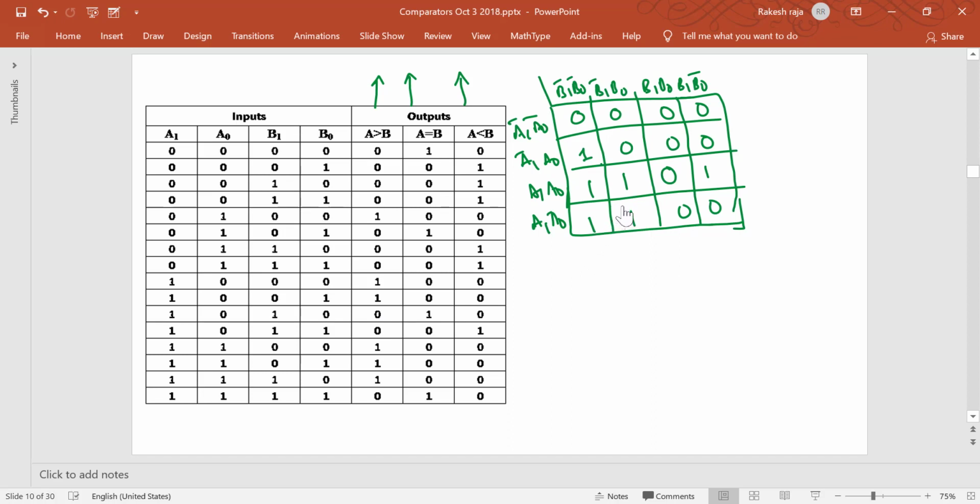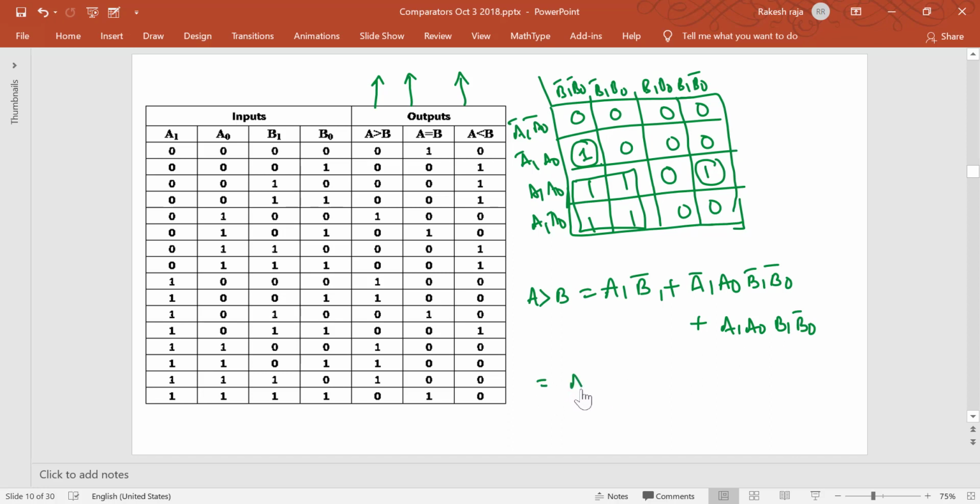To get the minimized expression, I am not going to form pairs with these two ones. I am going to take them as they are, but I am going to form a quad here. If I write for A greater than B, if I take this as a quad, it will be A1 times B1 bar. For this individual one, it will be A1 bar A0 into B1 bar B0 bar, plus, if I take this one, it will be A1 A0 times B1 B0 bar.